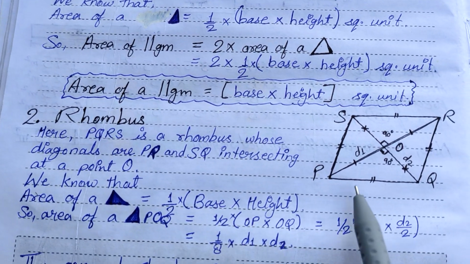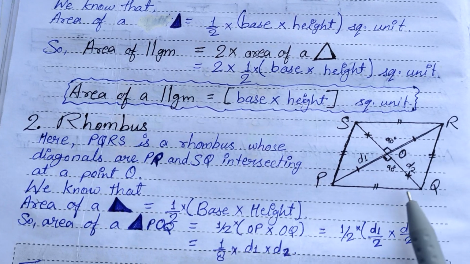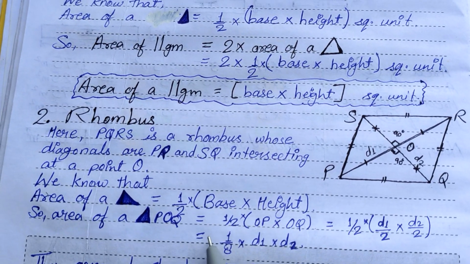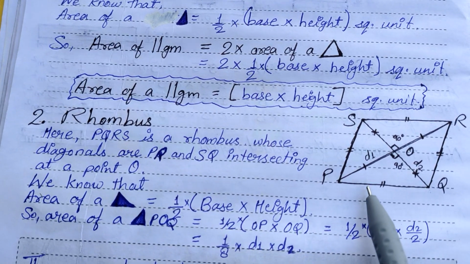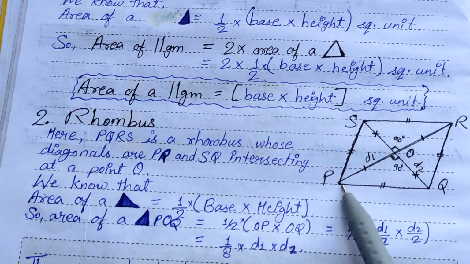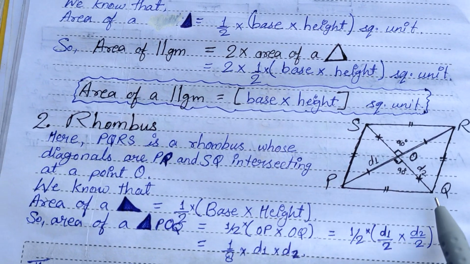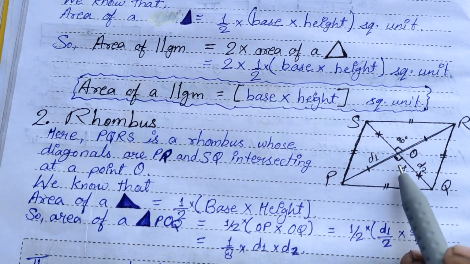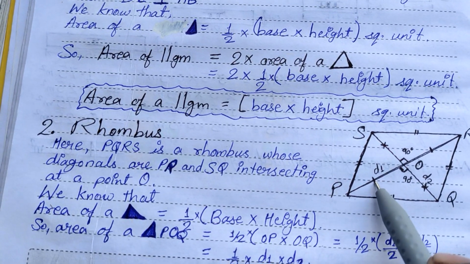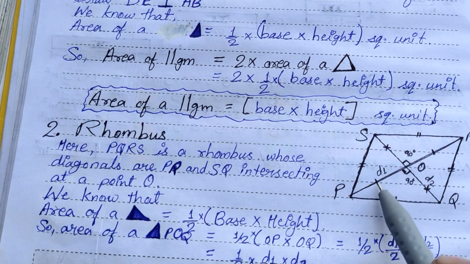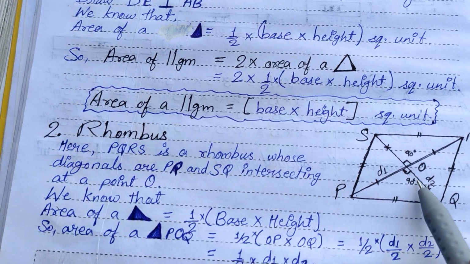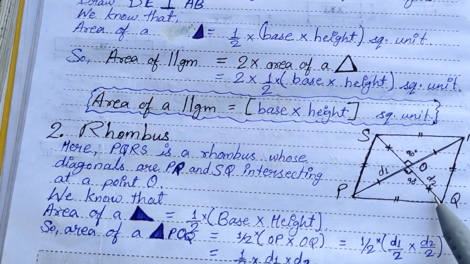So in triangle POQ, the base is OP and the height is OQ. OP is half of the diagonal D1 and OQ is half of the diagonal D2.